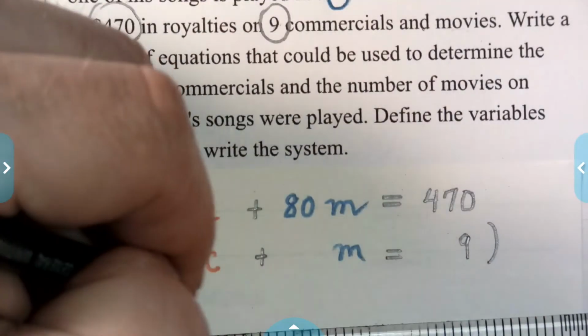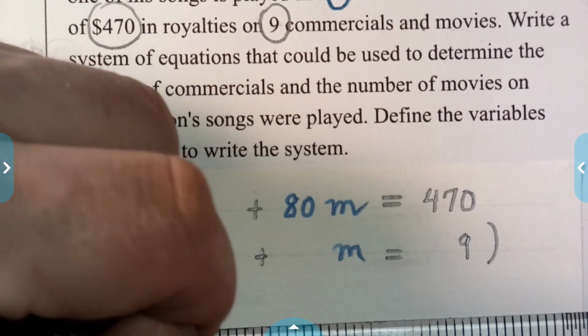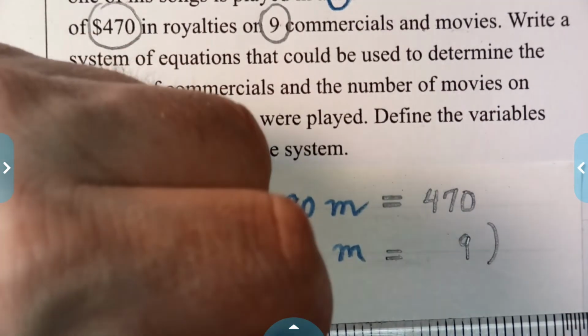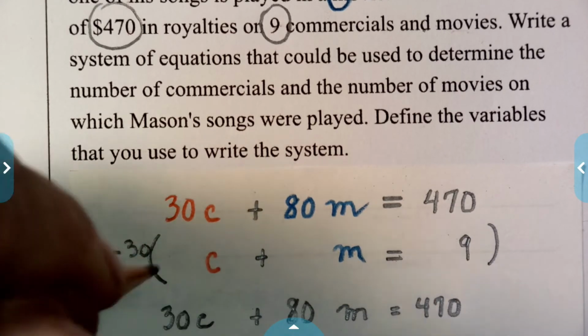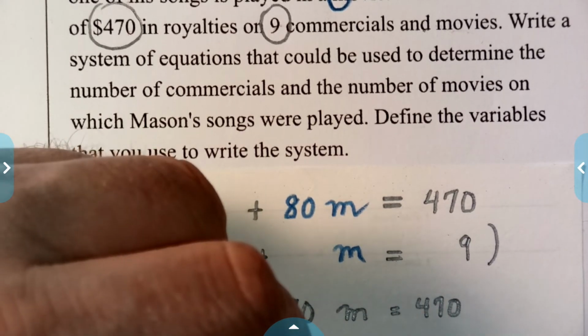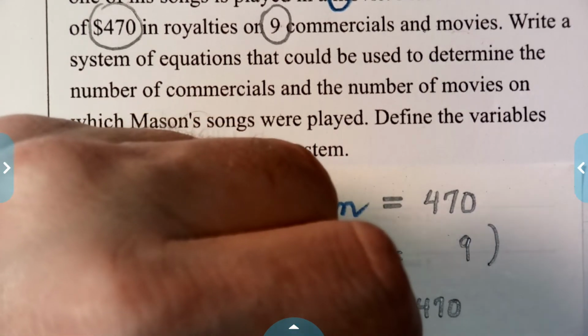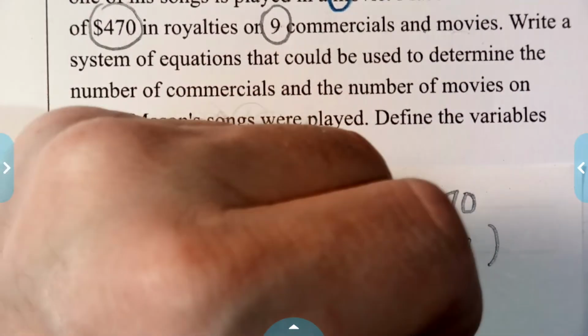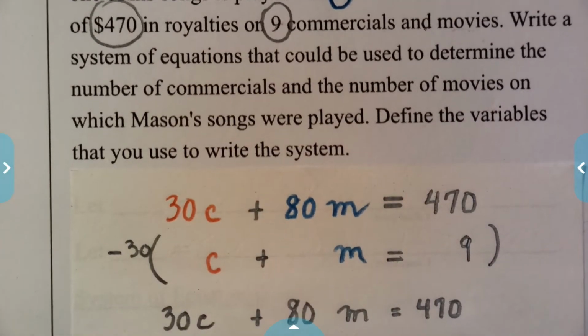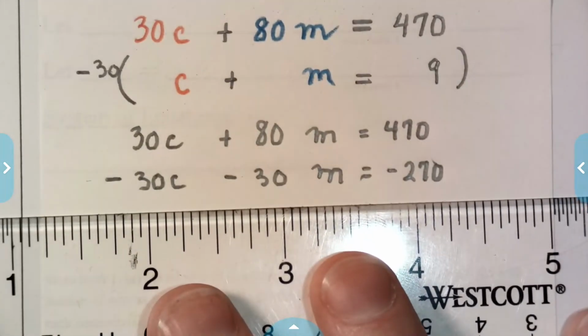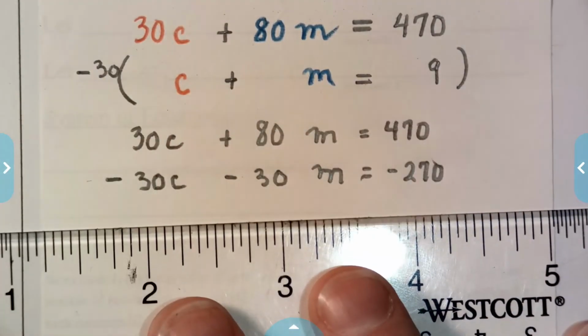And then I'll have to rewrite 30C plus 80M equals 470. And then I've got negative 30C minus 30M equals negative 270. Okay. Sorry you couldn't see any of that. I was just distributing the negative 30.